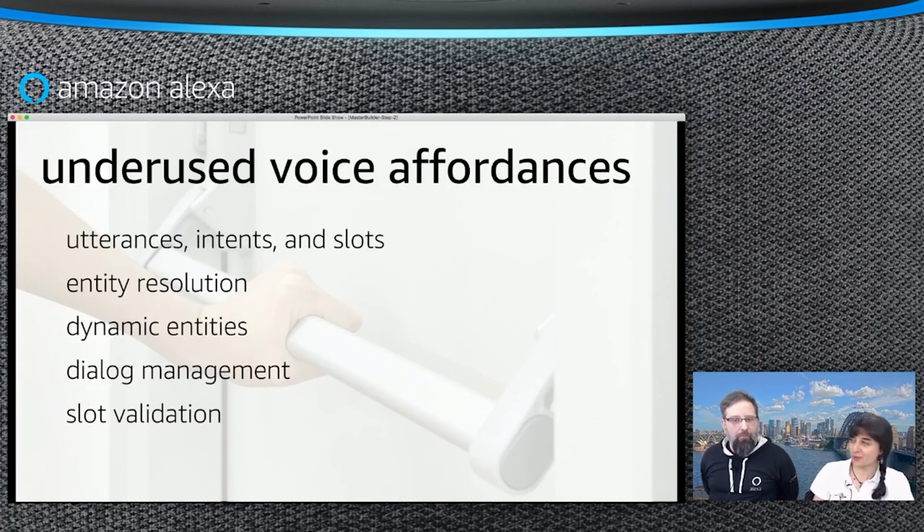What's the entity resolution, Paul? Well, when you say something like, I'm going to upload my document, or I'm going to upload my paper, or I'm going to upload my PDF, right? Really, document, paper, PDF, they're all the same thing. So it'd be like, I'm going to upload my item, and item is the slot, and then my slot value will be paper, or let's say document. Document would be what it is, but I can have a range of words or phrases that mean the exact same thing.